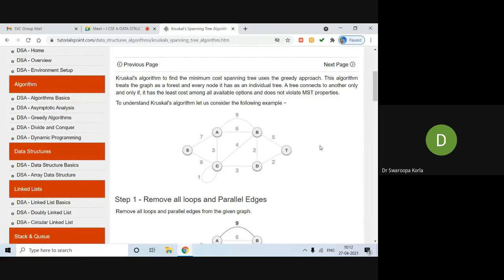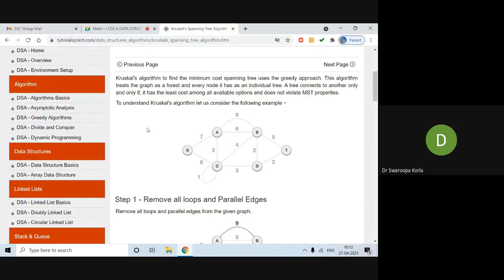See, this algorithm treats the graph as a forest, and every node is an individual tree. A tree connects to the others only and only if it has the least cost among all available options, is minimum, and does not violate MST properties.